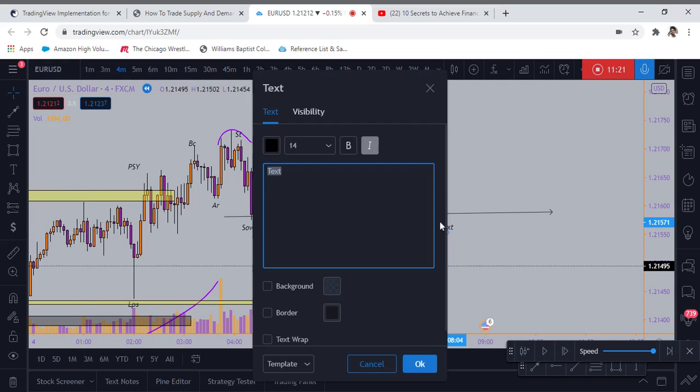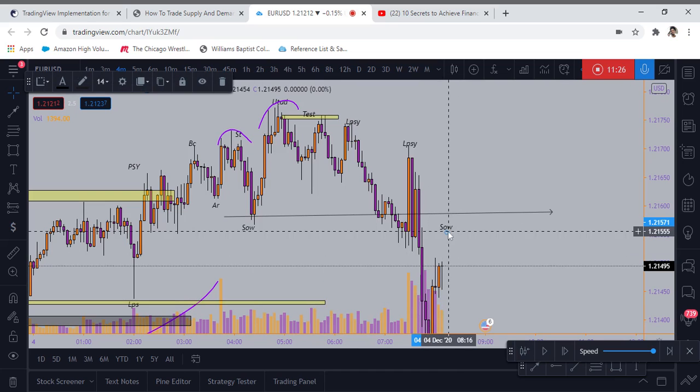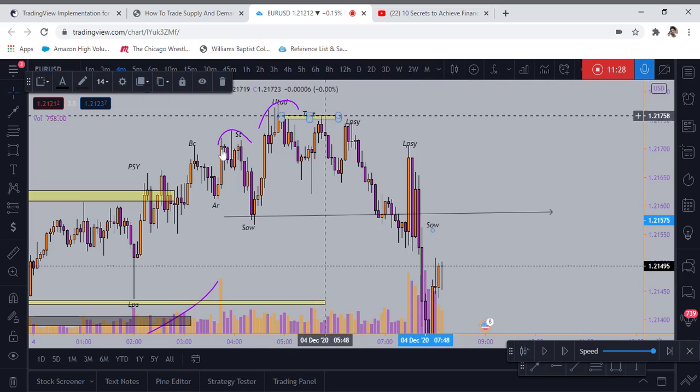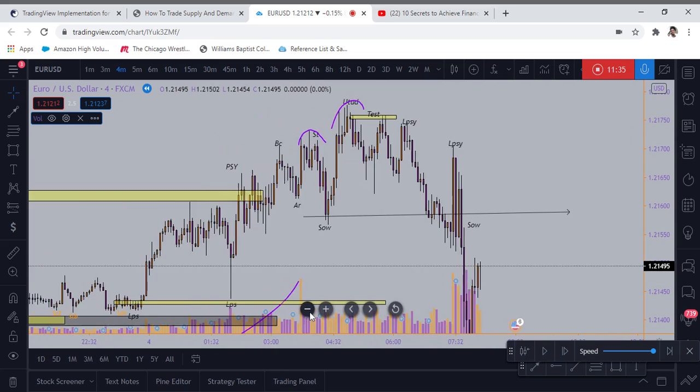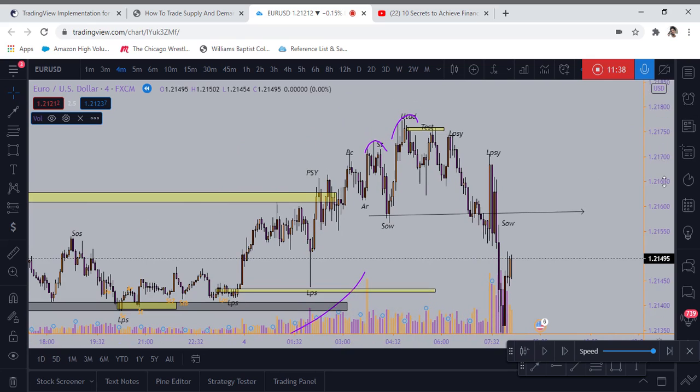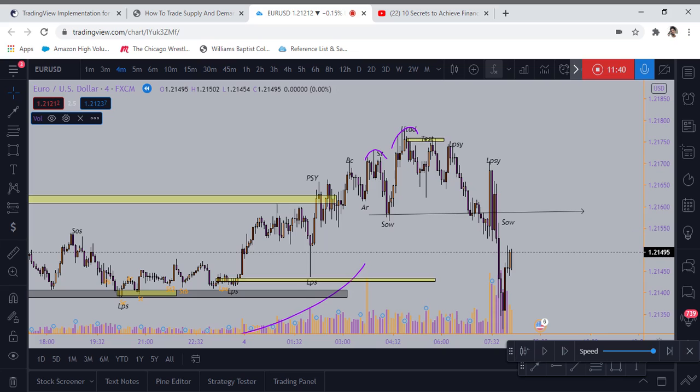So it would have been another sign of weakness you would want to see. And we want to see how the rest of this schematic plays out. As soon as I would have seen the distribution schematic forming, I would have gotten out of that little buy.